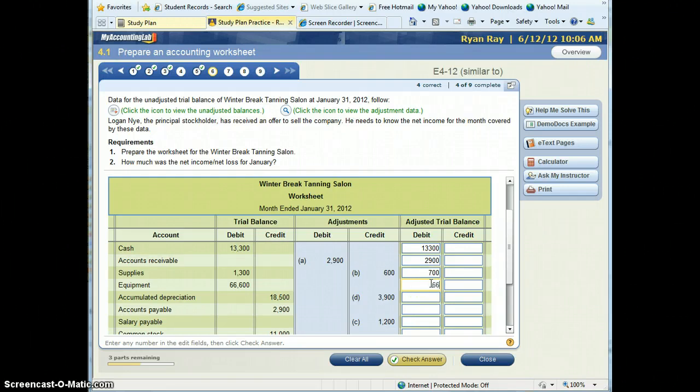Nothing happens to equipment, so we just bring it over. Accumulated depreciation, it's a credit. It gets 3,900 on the credit side, so we're going to add both of those. They're on the same side. So 18,500 and 3,900.